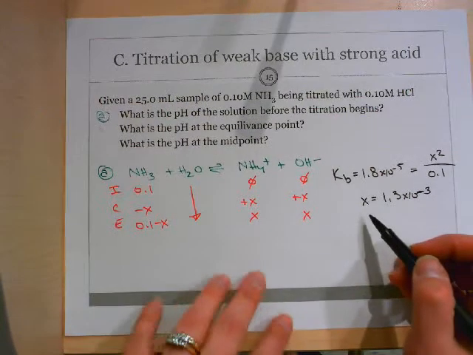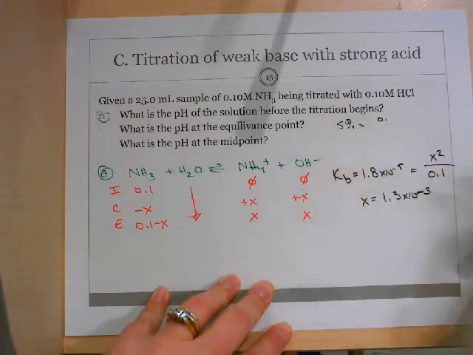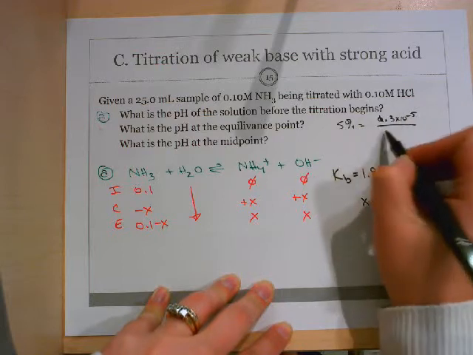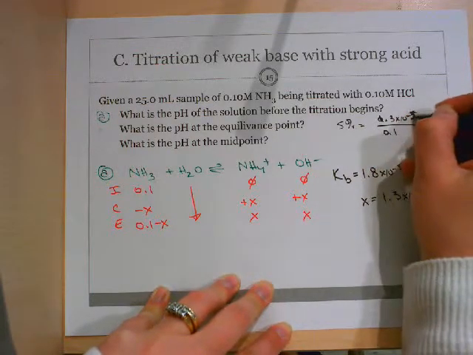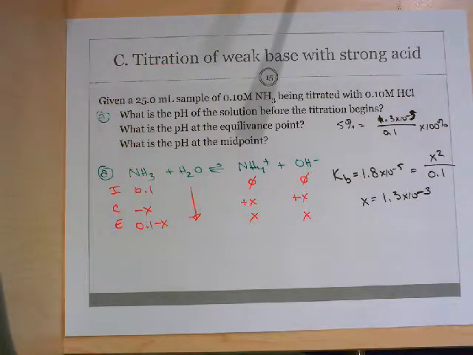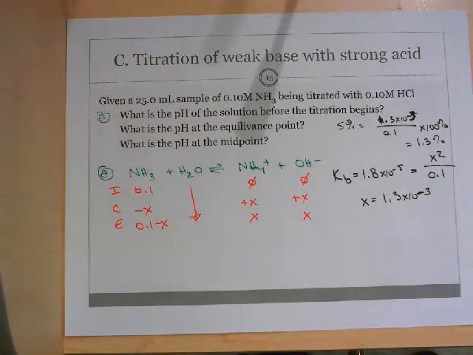So what you would do is say, if it's 5%, 1.3 times 10 to the negative third divided by 0.1 times 100. Right, definitely under the 5% rule.